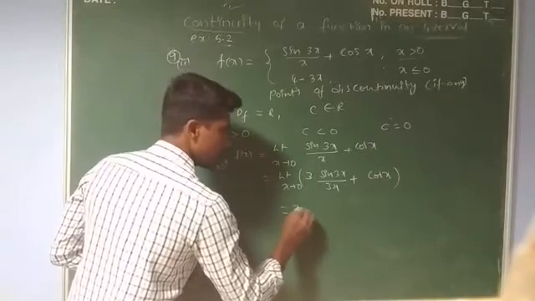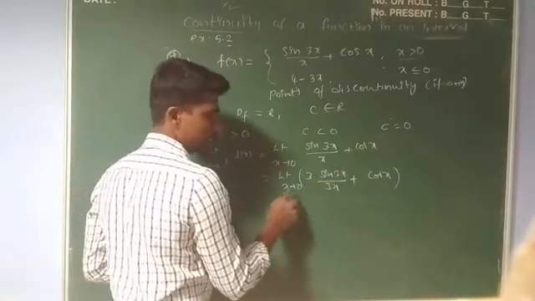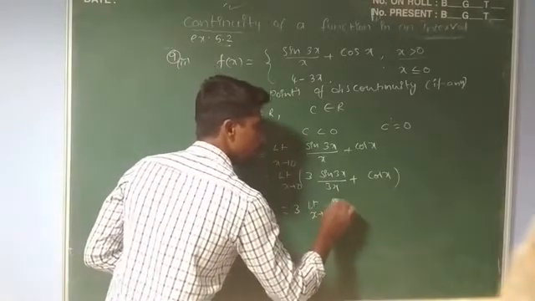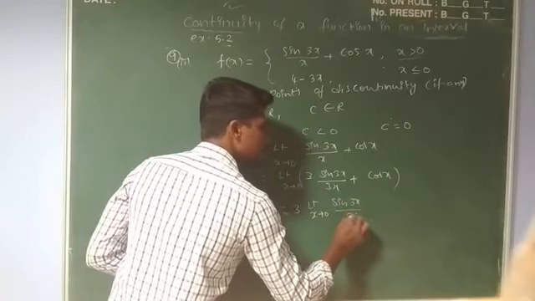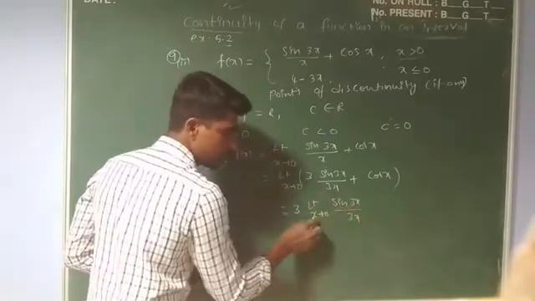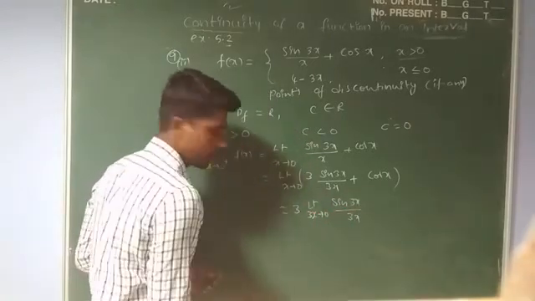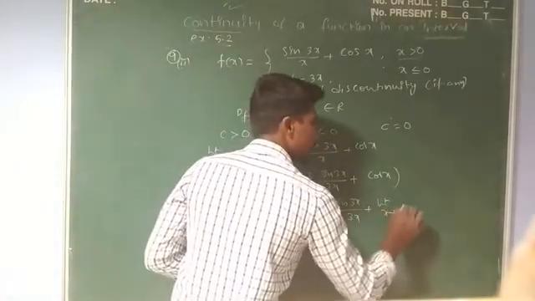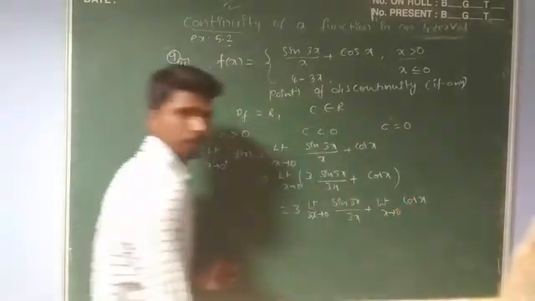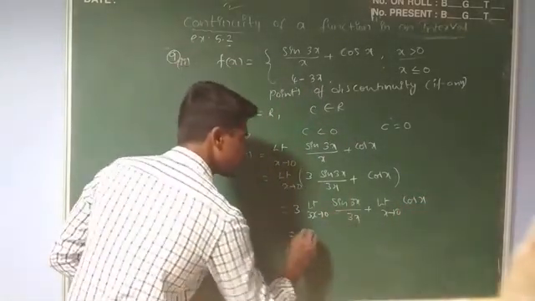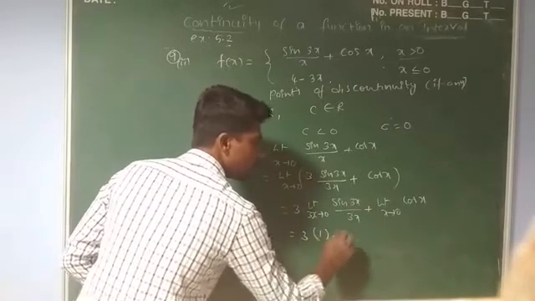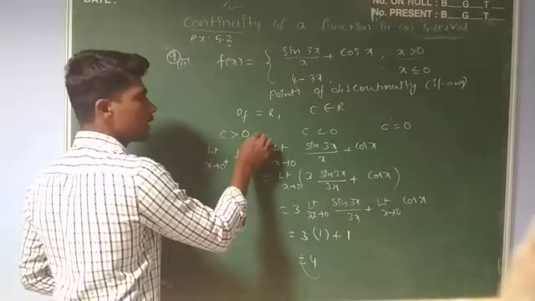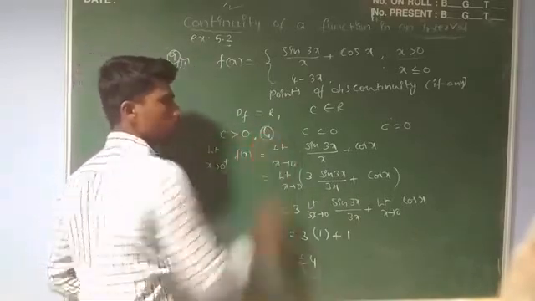We get 3 into limit x tending to 0 of sin 3x by 3x, and since x tends to 0, 3x also tends to 0, plus limit x tending to 0 of cos x. So the value is 3 into 1 plus 1, which is 4. So I got, for c greater than 0, the limit as 4.